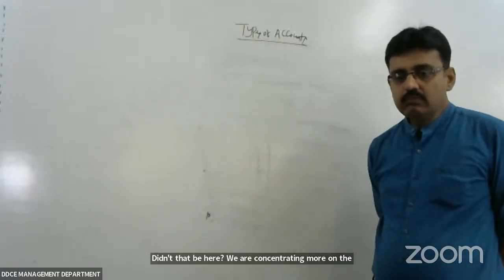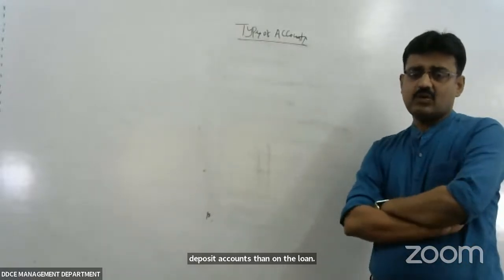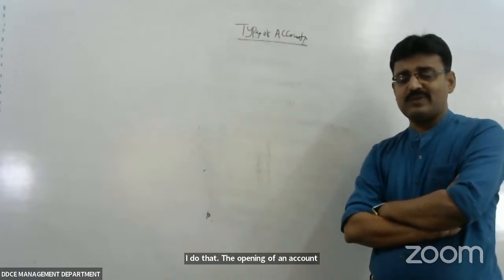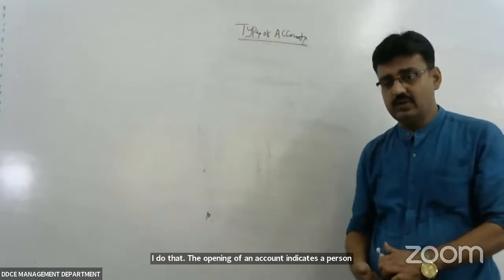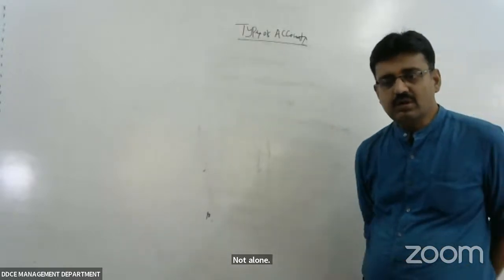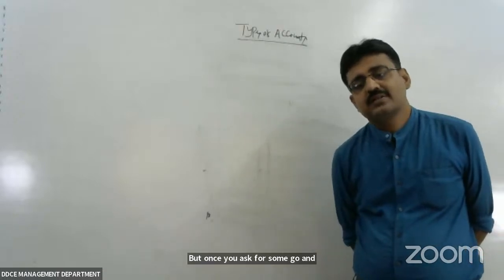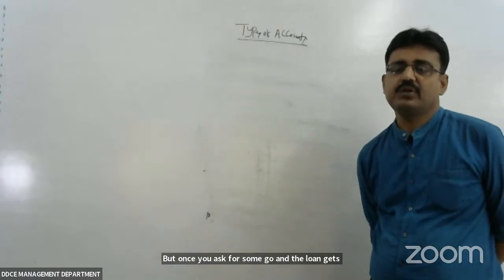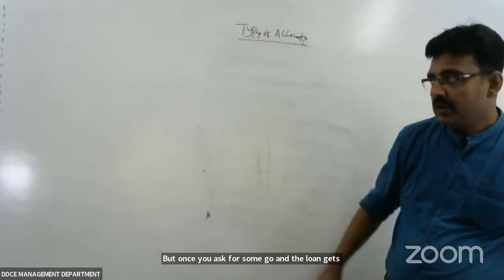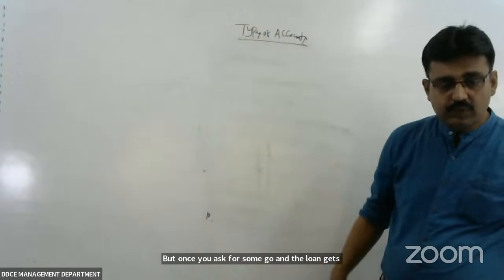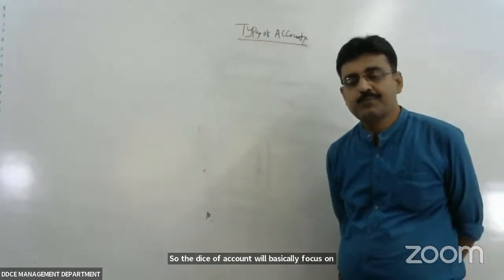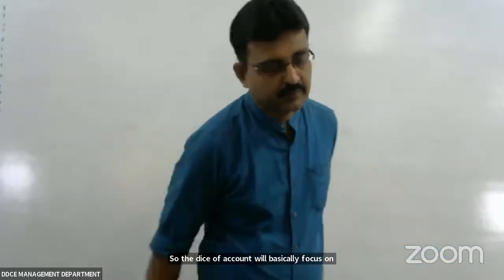As we have pointed out, opening of an account indicates a person wants to open a deposit account, not a loan account. But once you ask for some loan and the loan gets sanctioned in your name, you need to open an account with them, which is a loan account by nature. So the types of account will basically focus on the different types of deposit accounts.